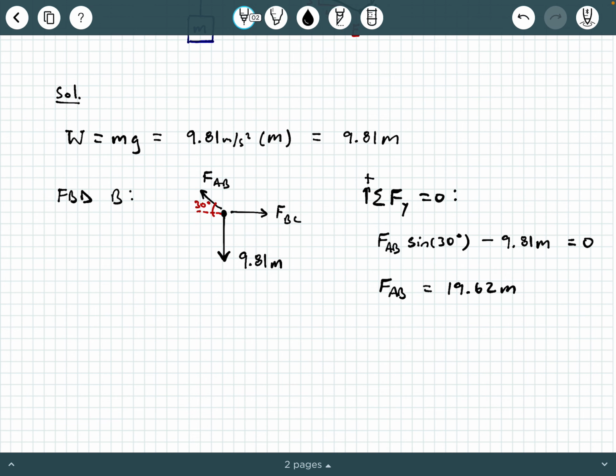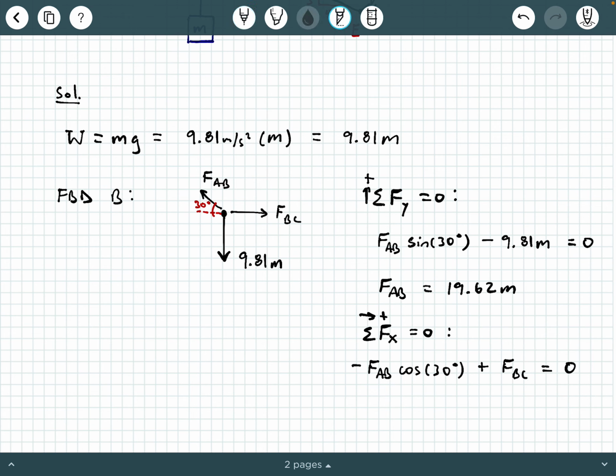Now I'm going to apply my second equilibrium equation at this particle. That's going to be sum of the forces in the x direction equals 0. Forces pointing to the right are considered positive. And here I'm going to say negative FAB times the cosine of 30 degrees plus FBC equals 0, okay?